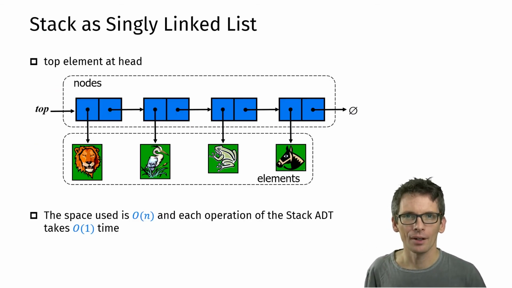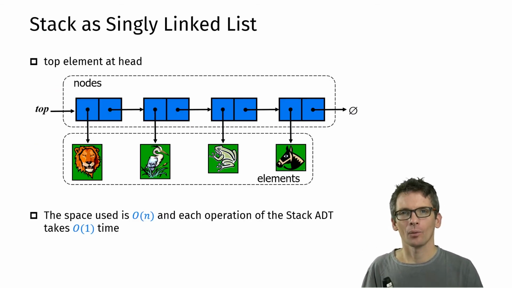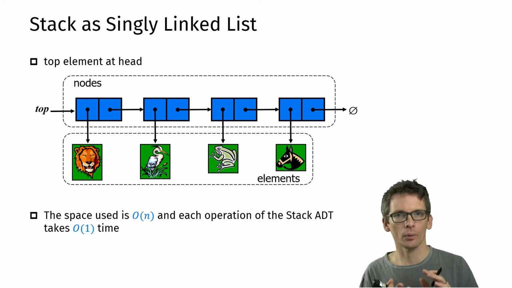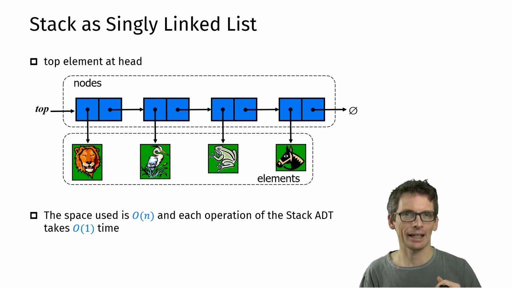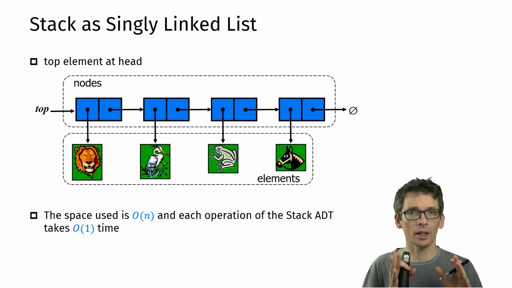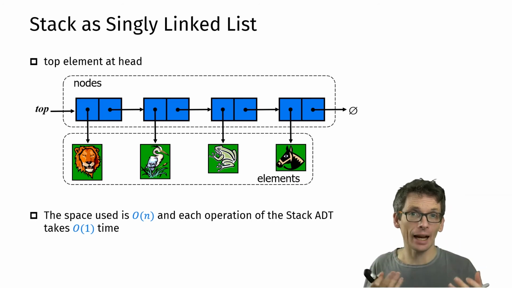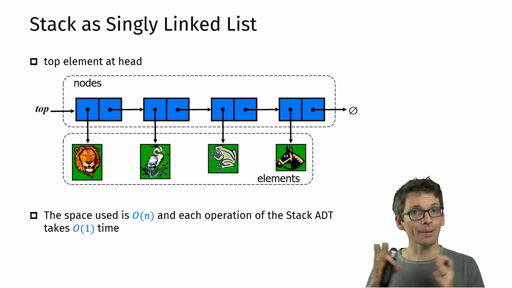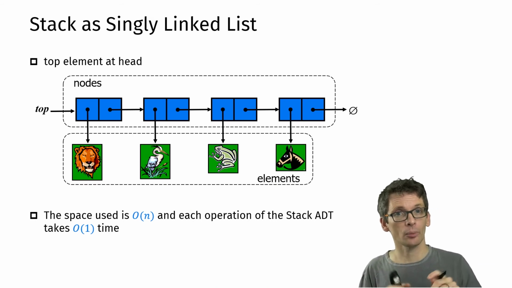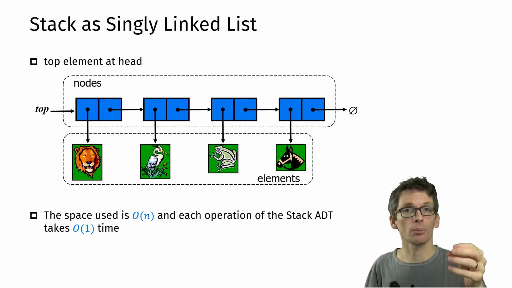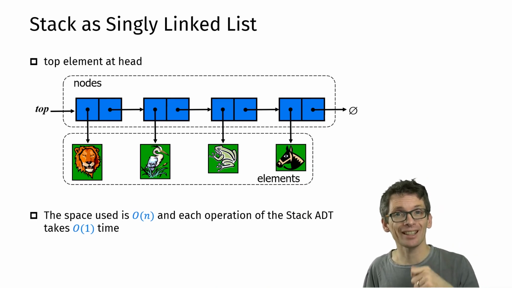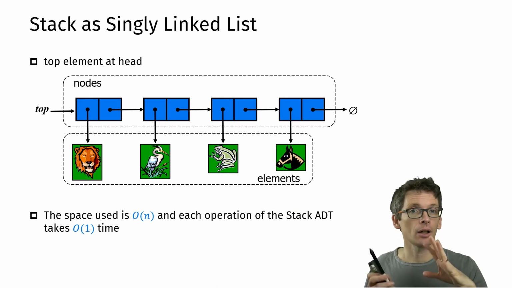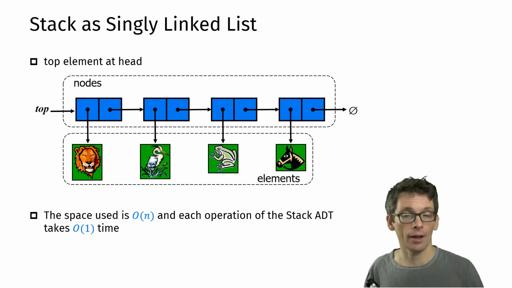What do we have so far? We have singly linked lists where we can insert and delete at the head. This means that we can already use them to implement stacks. So not queues but stacks, because for a stack we wanted to be able to push an element, and we wanted to be able to pop the element that was last pushed. So if we do all of the insertions and deletions at the head, we exactly get that.